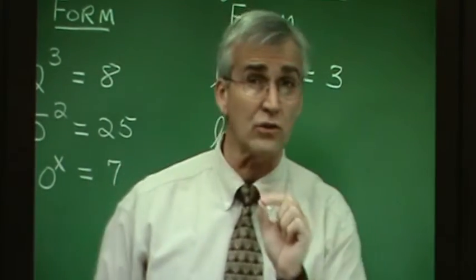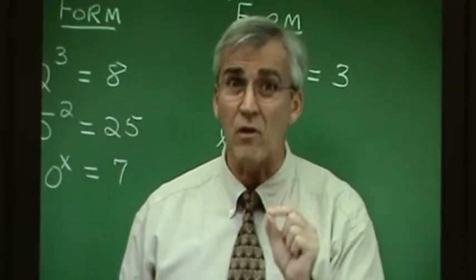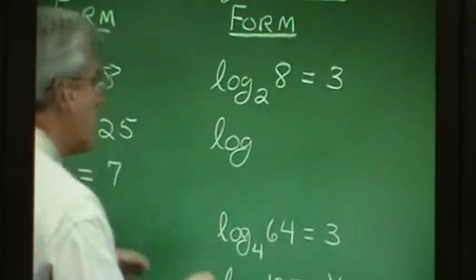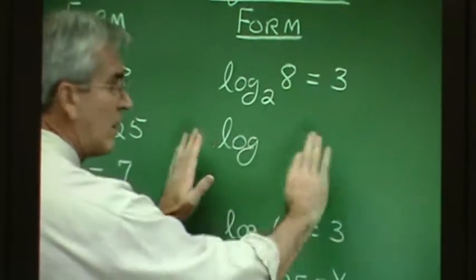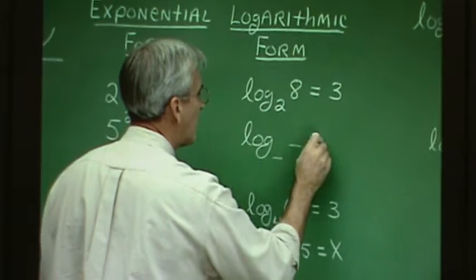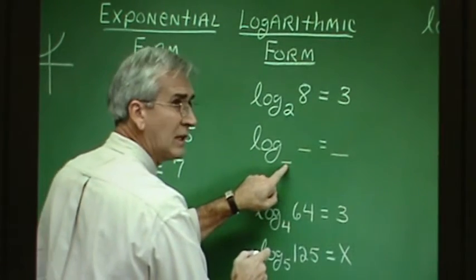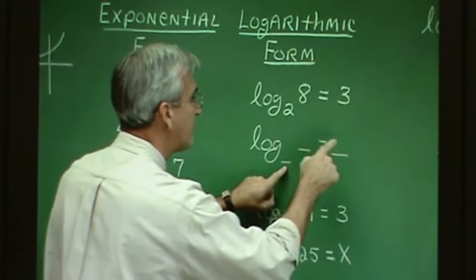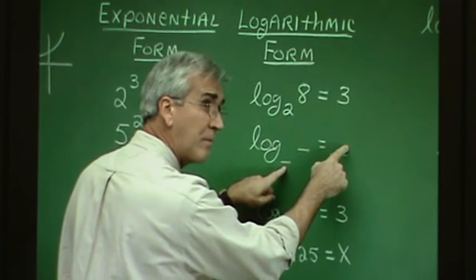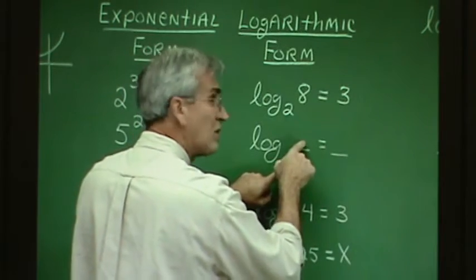Now, we'll interpret it in just a moment, but here's how you'll probably memorize it at first. The notion is that in this logarithmic form, there are positions for 3 numbers. A number here, and a number over here. And this position contains a base, and that position contains an exponent. And this is the base exponent result right here.